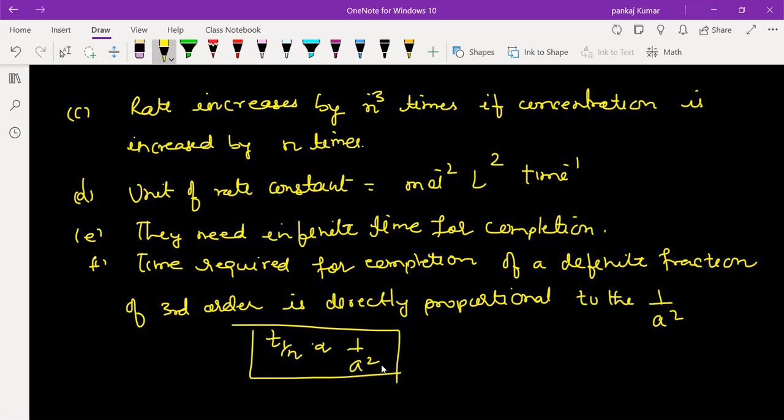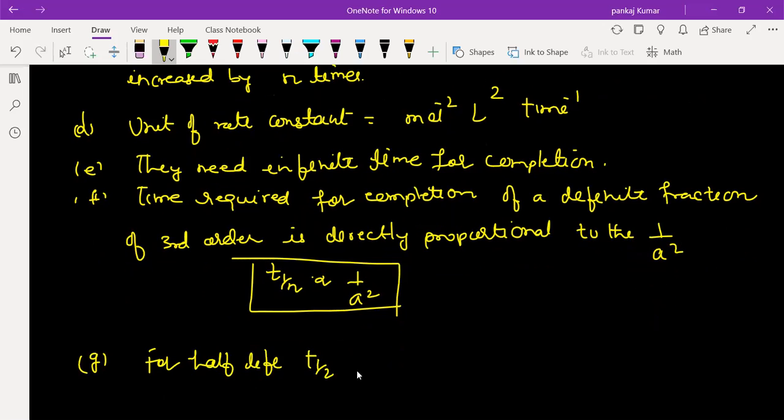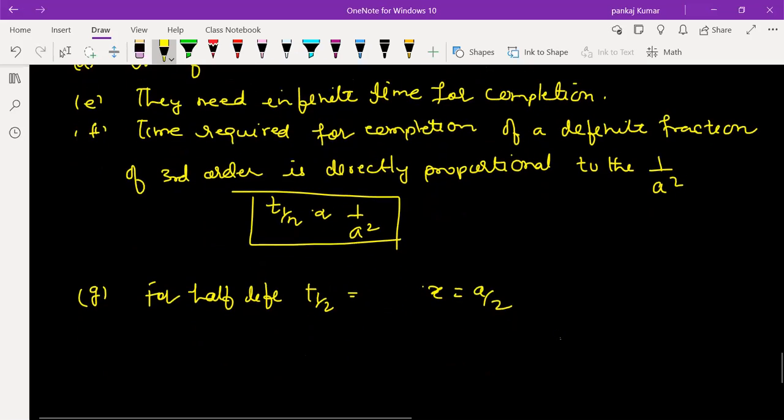Okay, and for half-life, let's see, t1 by 2. What is its value? For t1 by 2 we take x equal to a by 2 and substitute in the equation.